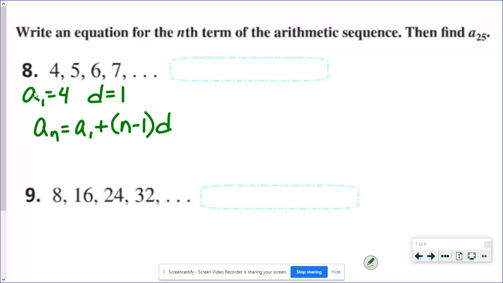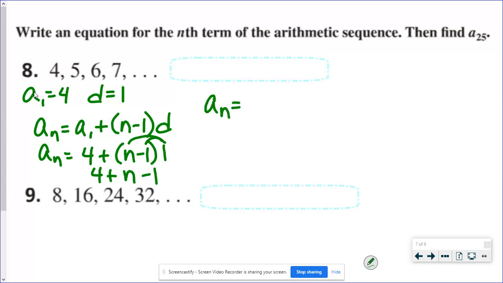The a sub 1 is 4. N minus 1 stays there. The d is 1. All right, well, distributing this 1 isn't going to change anything, right? I would just have 4 plus 1n, and then 1 times -1 is minus 1. So I have for my explicit formula n, or 1n, plus 3.